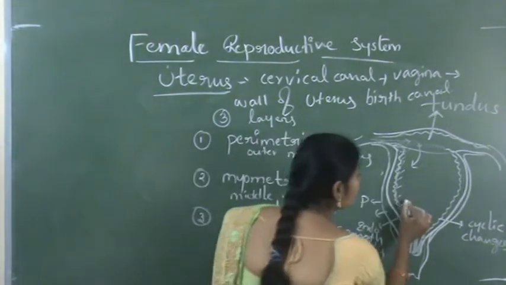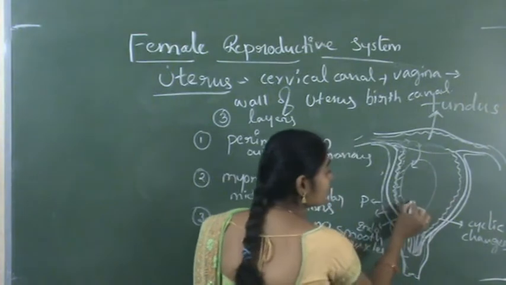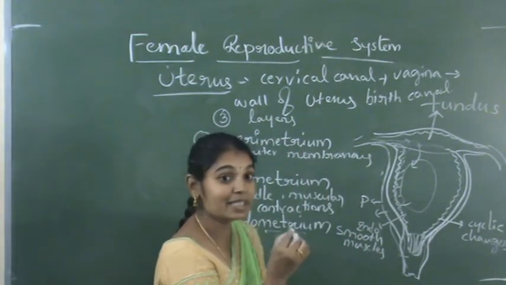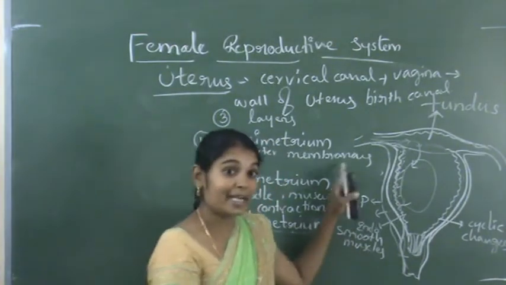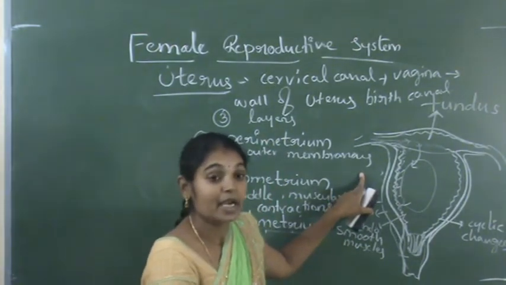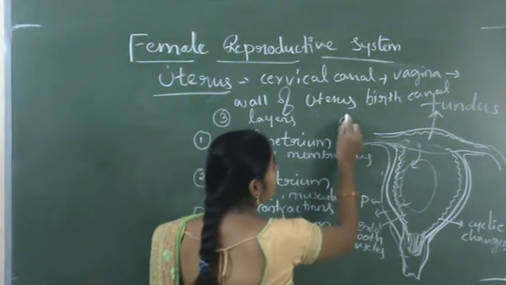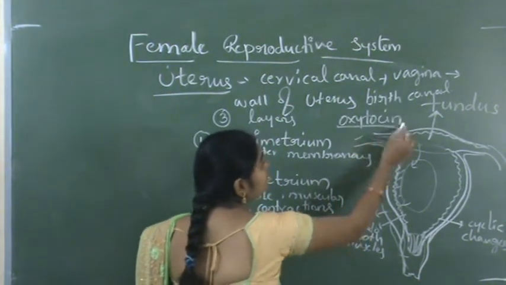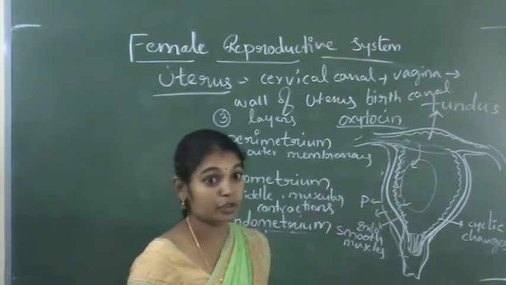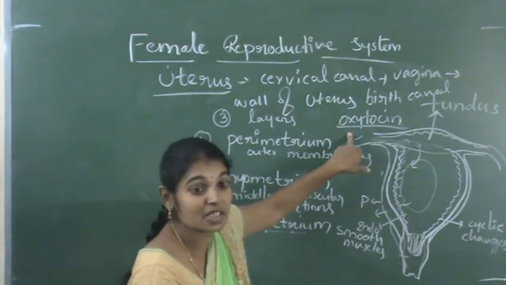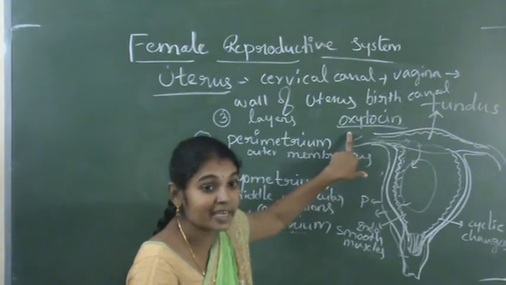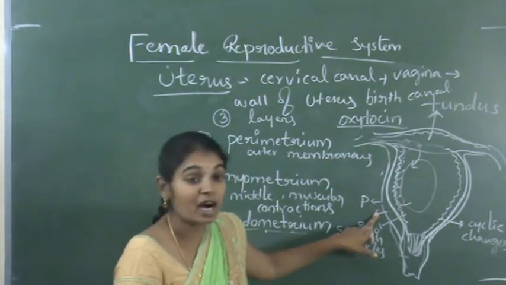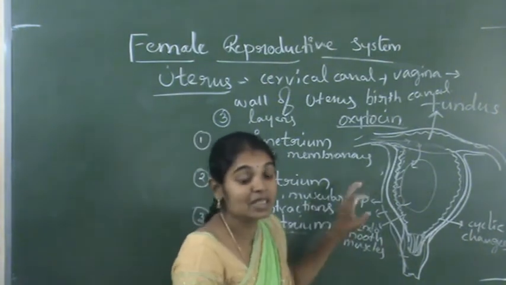The fully developed fetus gives signals to the nervous system, and then the nervous system works on the endocrine system. The endocrine system releases oxytocin hormone, and when oxytocin is released, the muscles of the uterine wall start to contract.